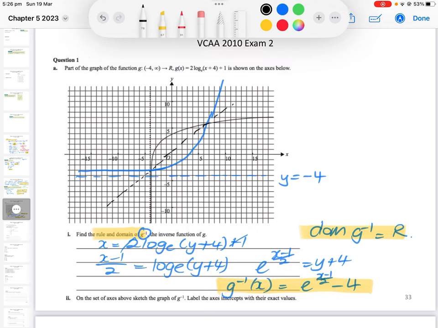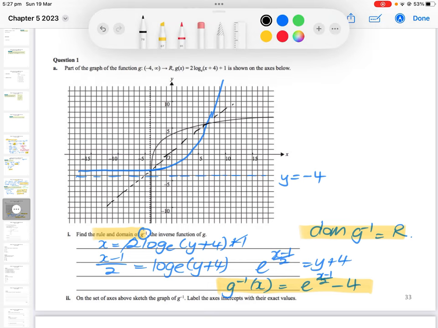So what does it say? Sketch the graph, done. Label the axes-intercepts with their exact values. So we're going to have one here, which is, I'm just trying to work out, when I did my answers I forgot to do it.